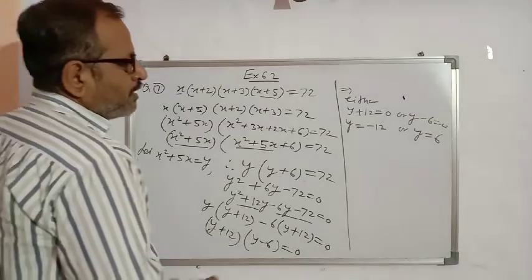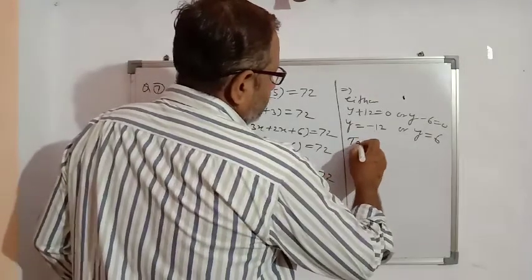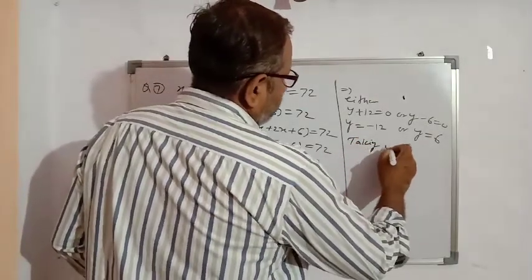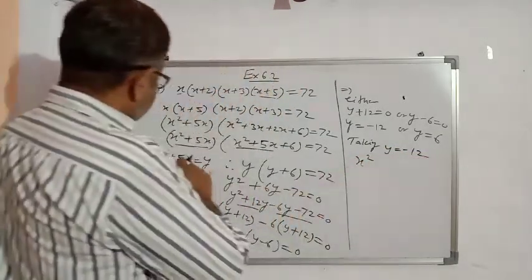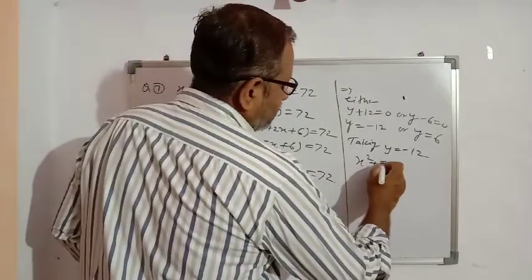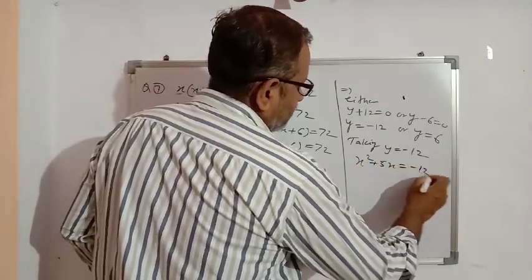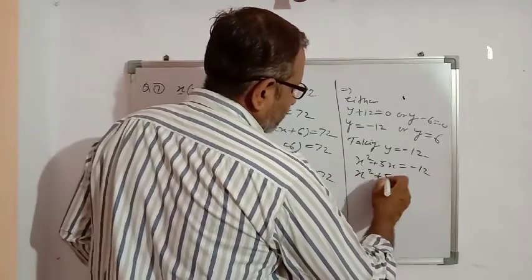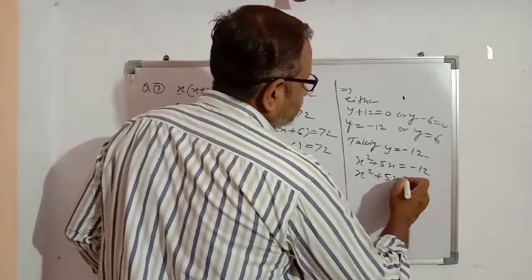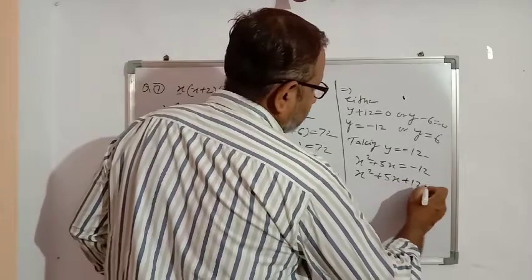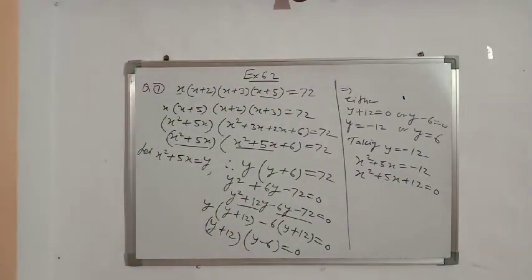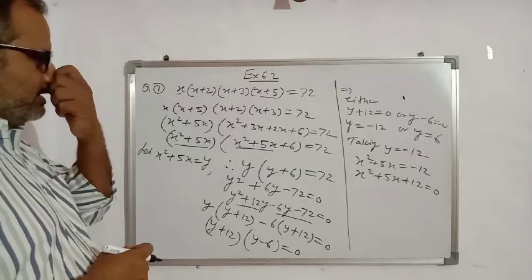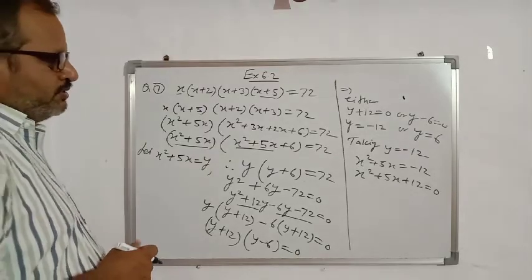So taking y is equal to minus 12: y is x square plus 5x is equal to minus 12. Transpose it: x square plus 5x plus 12 is equal to 0.